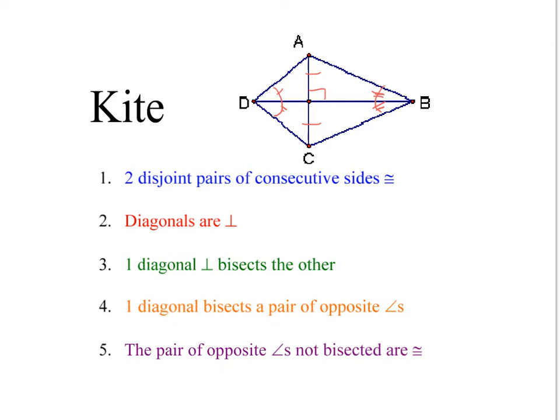So this angle is congruent to this angle. You can see the kite is kind of similar to a rhombus, but only half the properties of the rhombus work for the kite. This is a half property, this is a half property, and this is a half property, while in a rhombus, they work for both.